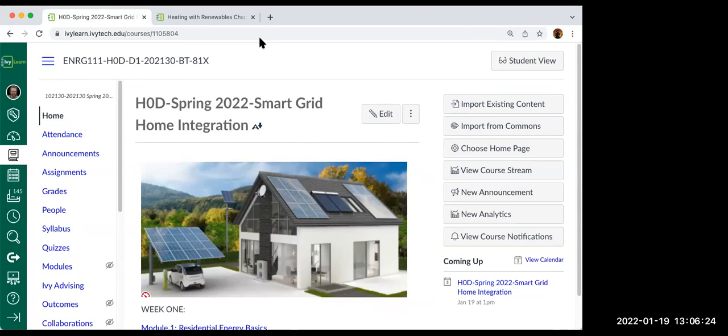And we're using a textbook that I have in here. You're allowed to borrow a chapter or two from a publisher and use it in different books, especially if you're not going to use the whole book. So we're just borrowing from Cengage a book called Heating for Renewables, but it's a book about hydronics. We don't care too much about hydronics. We'll talk about it.